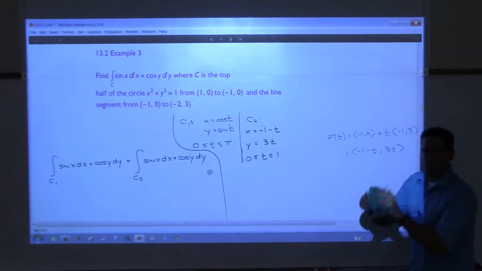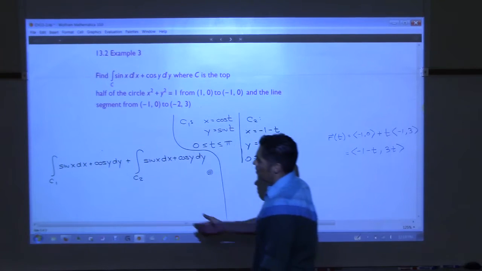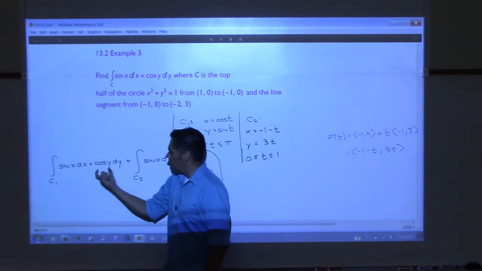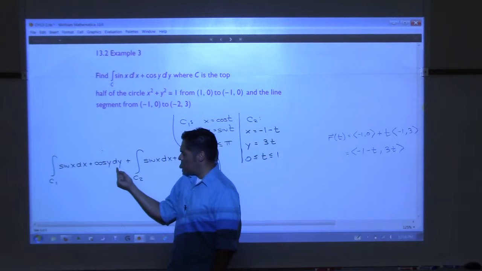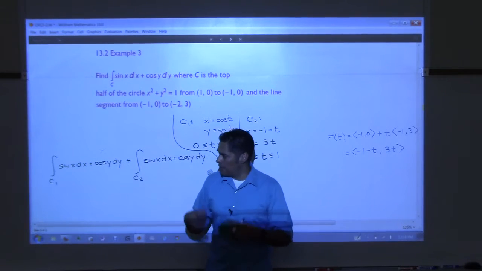That's what that is, right? You have to split it up into two different line integrals. However, this notation, when you have two different integrals, one with respect to x and one with respect to y, in one integral you split it into two, right? That's the notation for it.